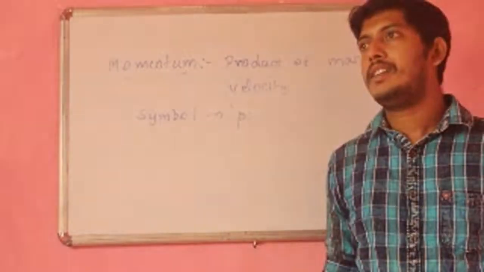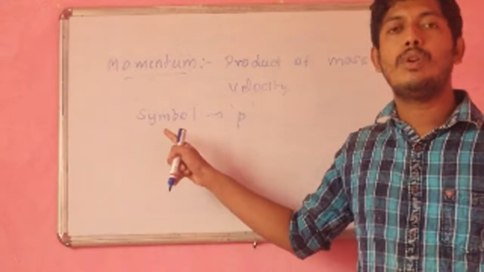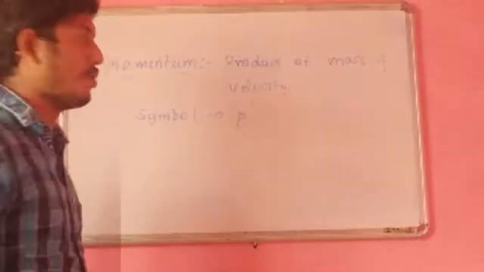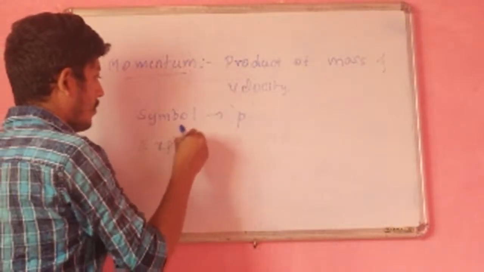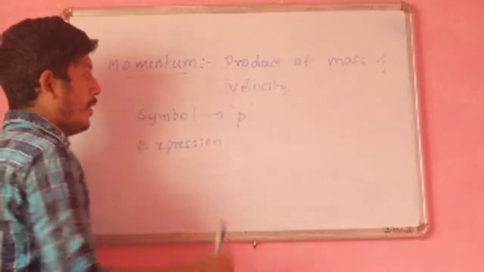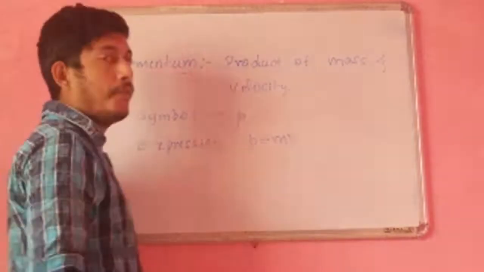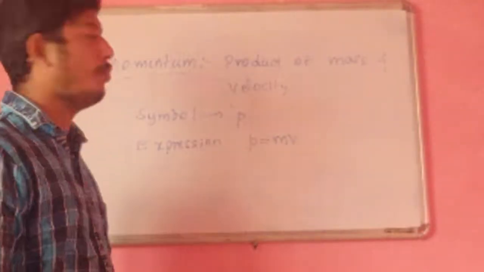Listen to the words carefully. This is the symbol used to represent momentum. Now I'll tell you the expression. The expression for momentum is p equals m into v, or we can consider m into u. So both are expressions for momentum.